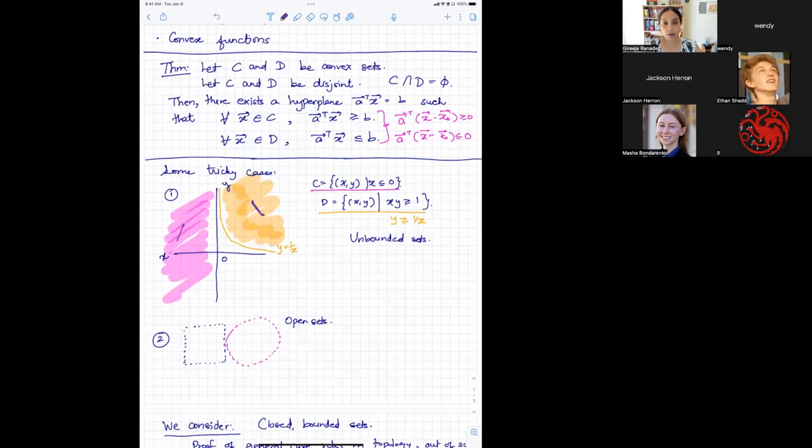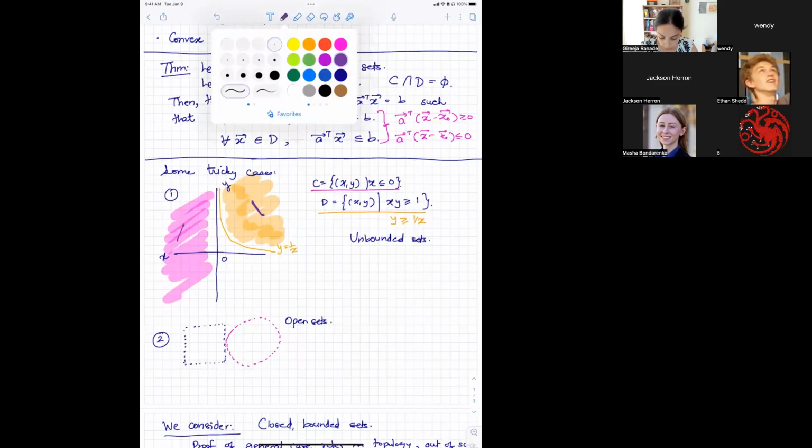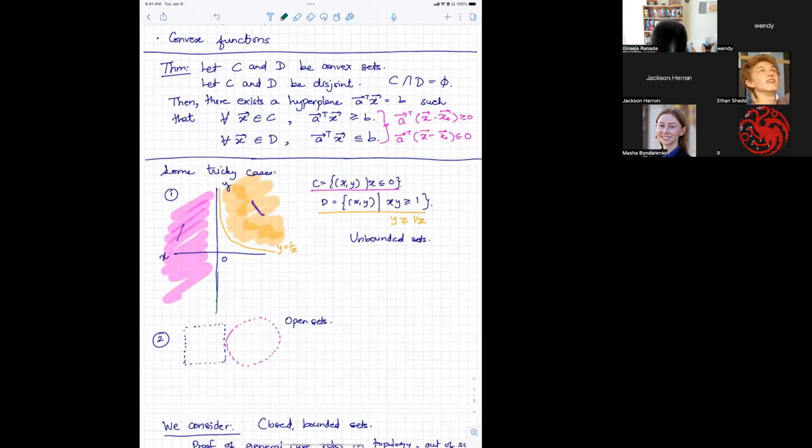What is the separating hyperplane for these two sets? Anyone? Please do interact in the chat, because otherwise I will have no way of knowing if you're with me or not. It's the X equal to 0 line, right? So basically, this hyperplane here would be our separating hyperplane.